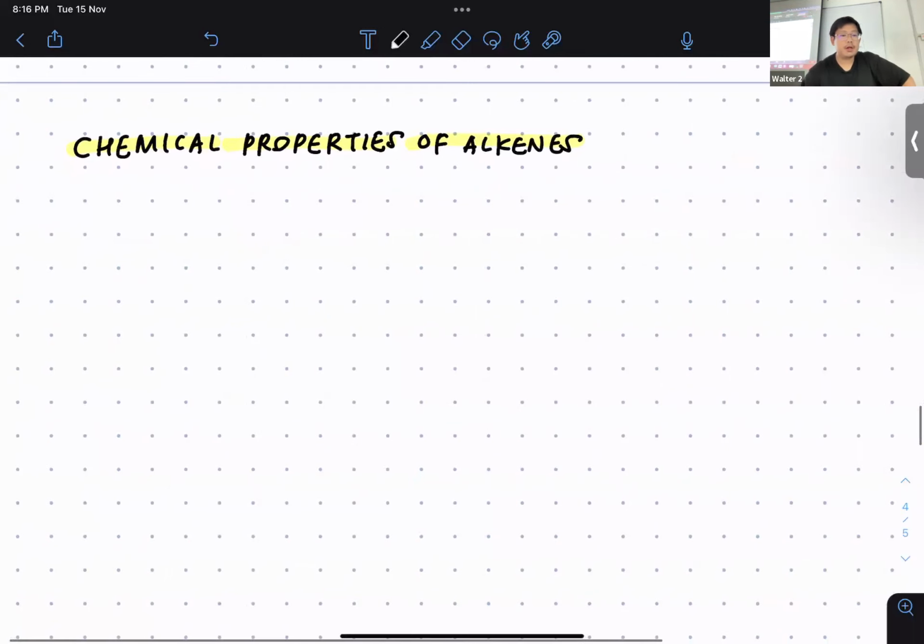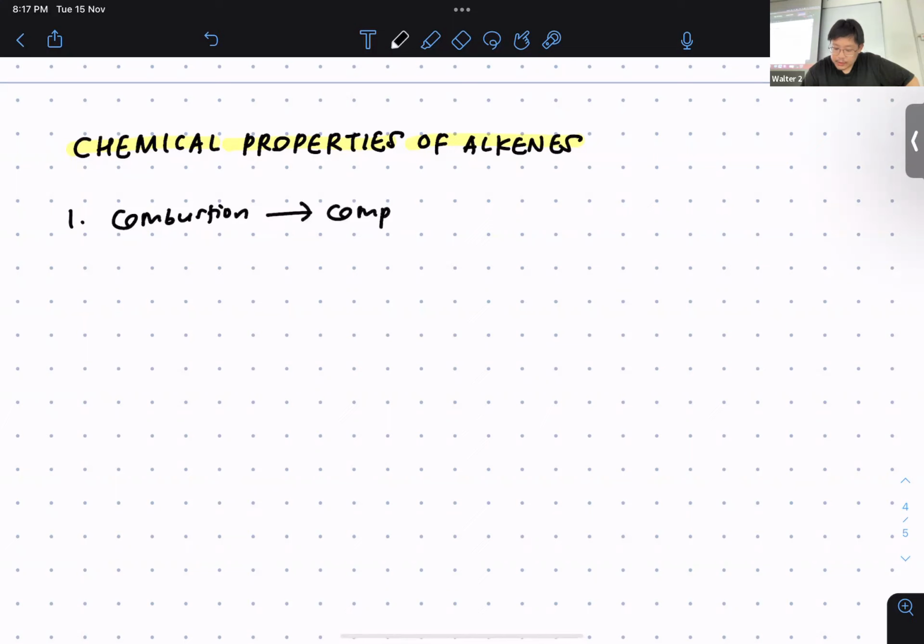So the first chemical property that we're going to discuss here will be combustion. Just like the alkanes, they have combustion. So the combustion reaction over here will be the same thing. You will have incomplete and complete combustion. The first one will be complete combustion.